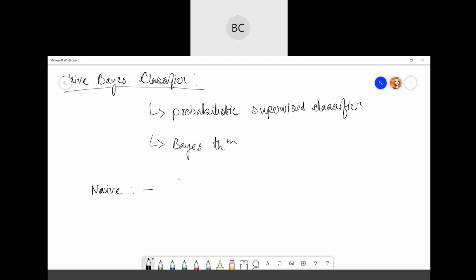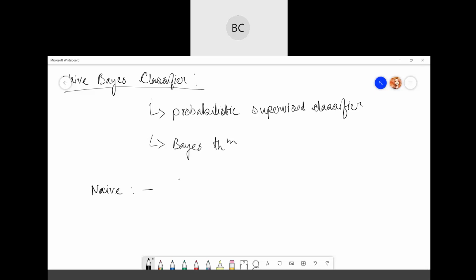It is called naive because it assumes that the occurrence of certain features is independent of the occurrence of other features. For example, you can identify any food with the help of features like color, shape, and taste. These features are individual contributors to identify a particular food, and they don't depend on each other.